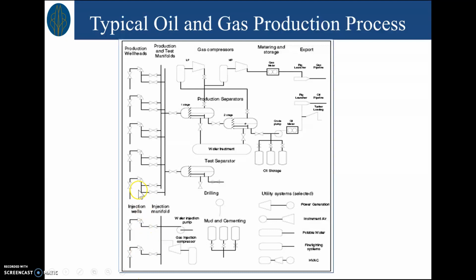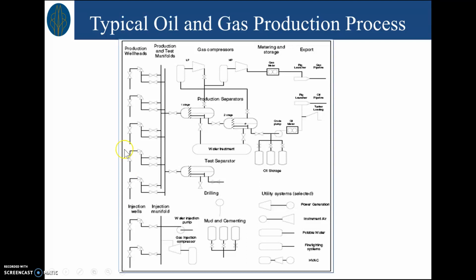We are not going to talk in detail about the components of the wells, I mean the subsurface components. Here the objective is just to show how the process goes from the reservoir through treatment to the end user.